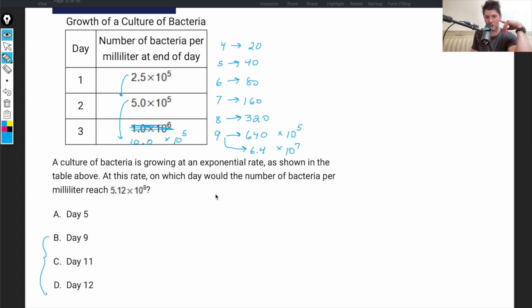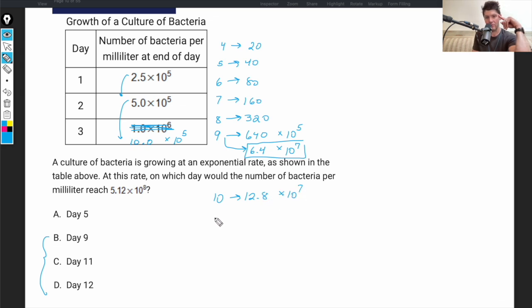Day 10, I'll use my scientific notation here so the numbers don't get too out of control, since I've already done that math. And just to be clear, 640, you move the decimal point over 2 spots, you move your exponent up 2 spots, right? You could check to make sure that these are the same value, but they are. So then this would be 12.8 times 10 to the 7.